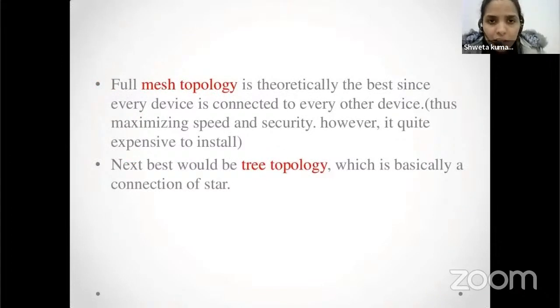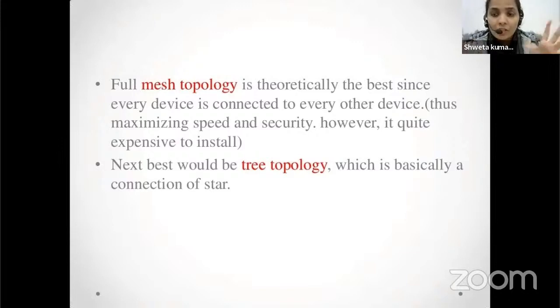Full mesh topology is theoretically the best since every device is connected to every other device, thus maximizing speed and security. However, it is quite expensive to install. It is theoretically the best topology, but we don't use it because it is very difficult, practically impossible, to design a mesh topology.